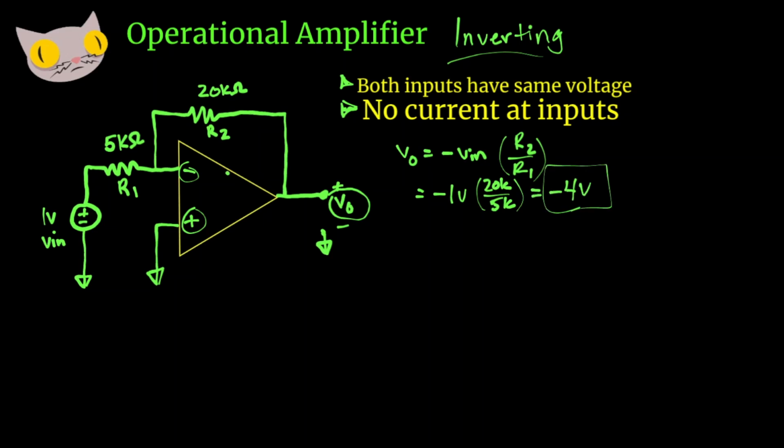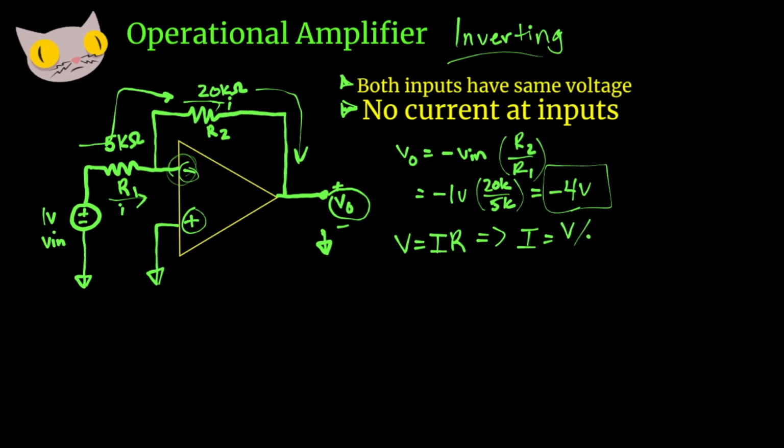Now let's do that again, and this time let's try to figure out what the current running through these two resistors is. Now remember, because there's no current running through here, the current is flowing up and around to the other side, so the current's going to be the same across R1 and R2. So if we look at Ohm's law, where voltage is equal to current times resistance, we can find current if we do voltage over resistance.